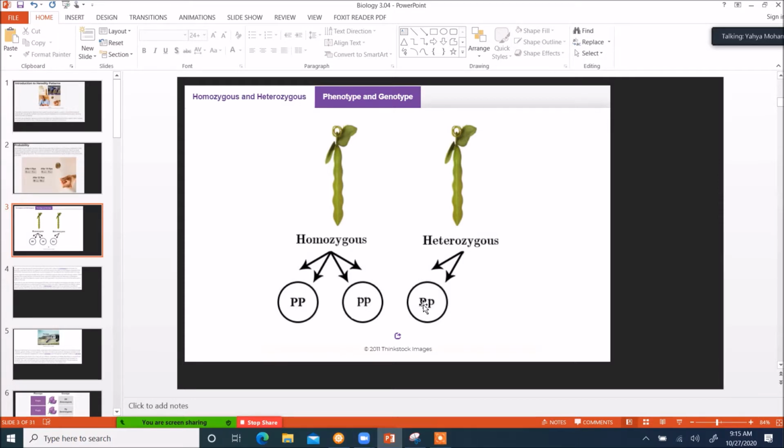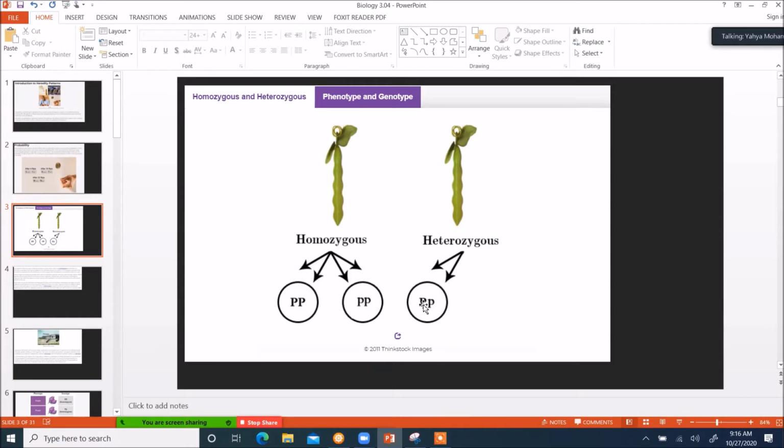For example, for flower color, from one parent the plant received the red allele to make its flowers red, and from the other parent it received the white allele to make the flowers white. So one red and one white. Those are two different variations of the same allele.